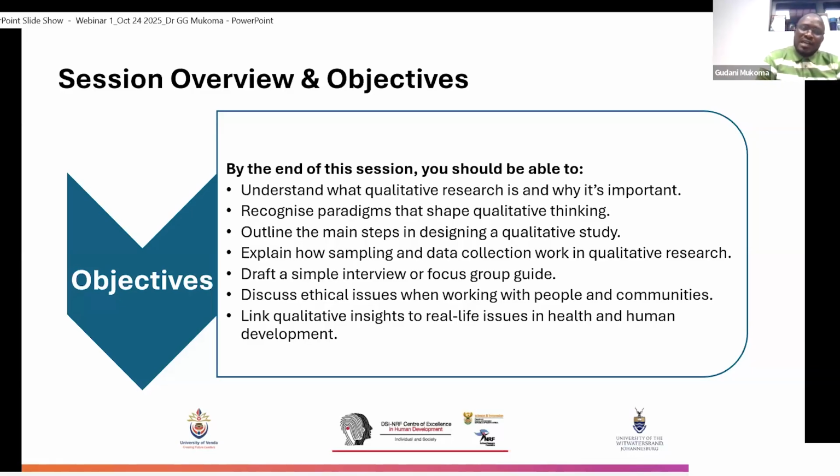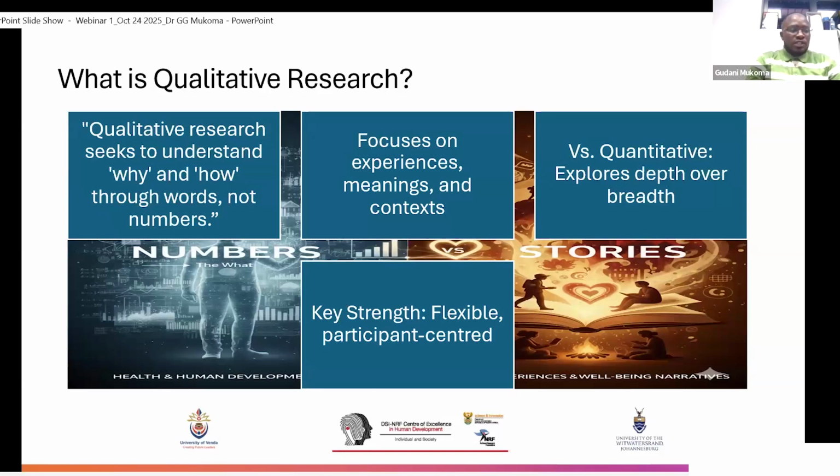You should be able to outline the main steps in designing a qualitative study, explain how sampling and data collection work in qualitative research, and draft a simple interview or focus group guide, sometimes referred to as a topic guide. You should also be able to discuss ethical issues when working with people and communities, particularly those who are vulnerable, and link insights to real life issues in health as well as in human development.